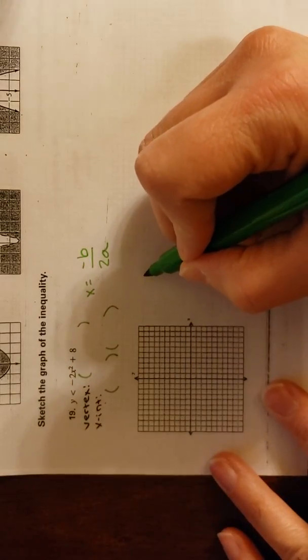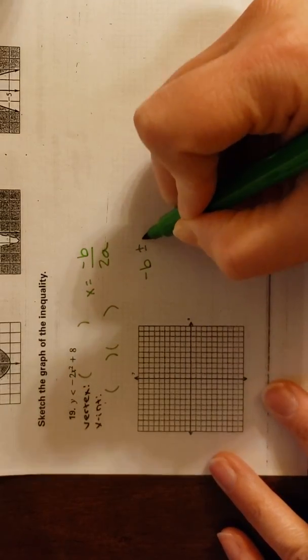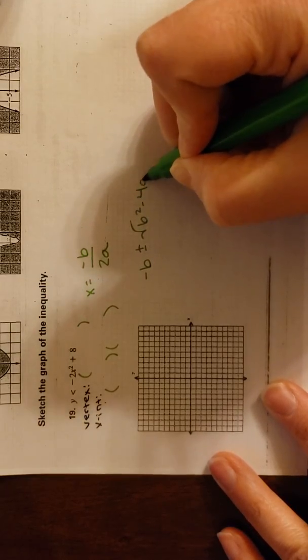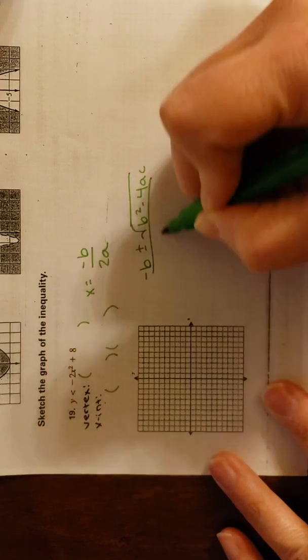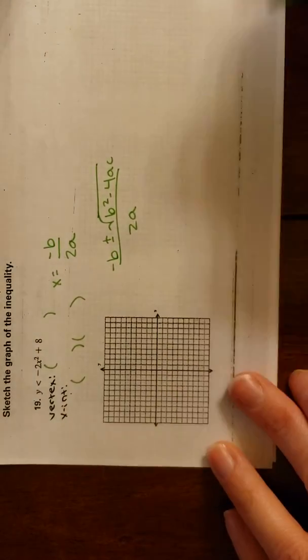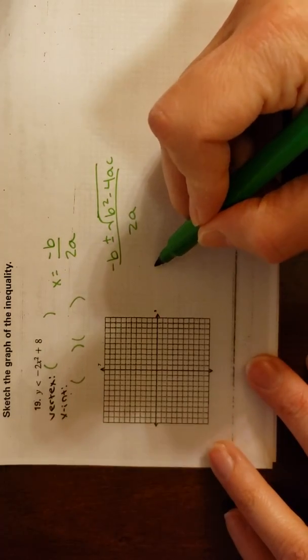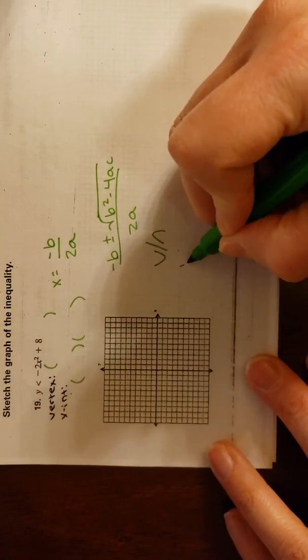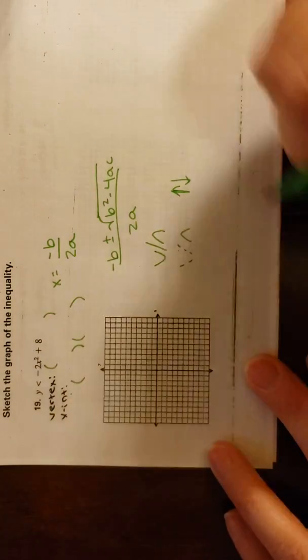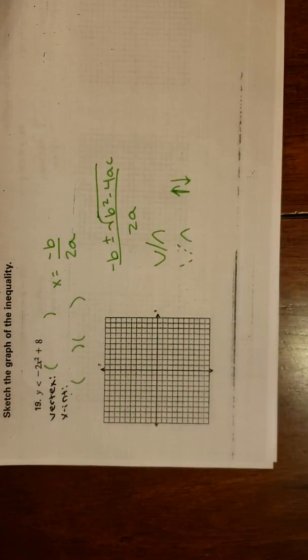You'll use the whole quadratic equation, negative b plus or minus the square root of b squared minus 4ac over 2a to find the 2 legs. And I will be looking for, does it open up or down? Is it dashed or solid? And are you shading up or down? Okay. All right. Good luck with that.